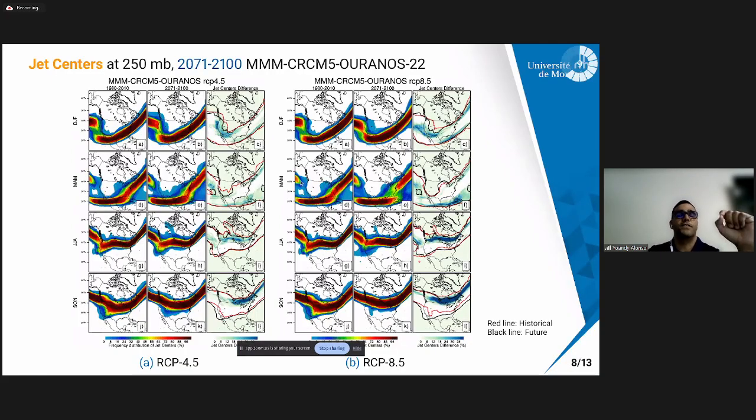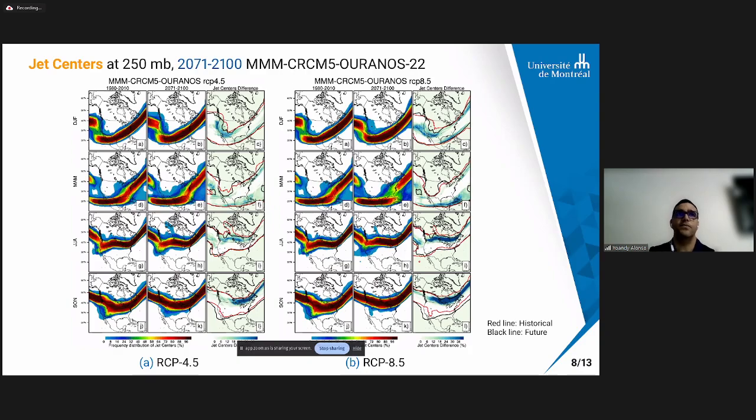So what are the future projections for the jet stream? First of all, on the left panel we have the RCP 4.5 scenario, and on the right side we have the RCP 8.5. For the RCP 4.5, we have the historical period and future period for the same RCM ensemble at 250 millibars.